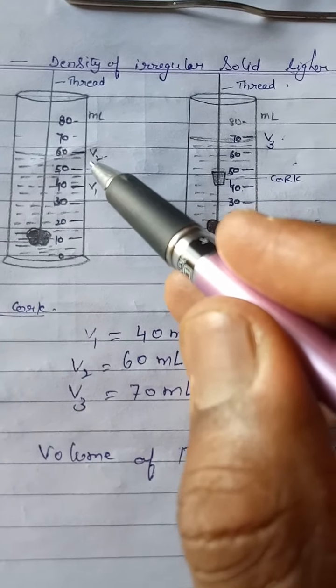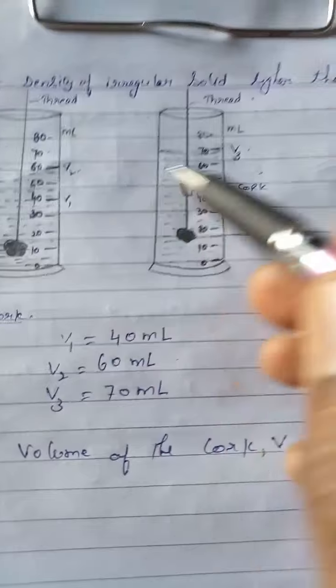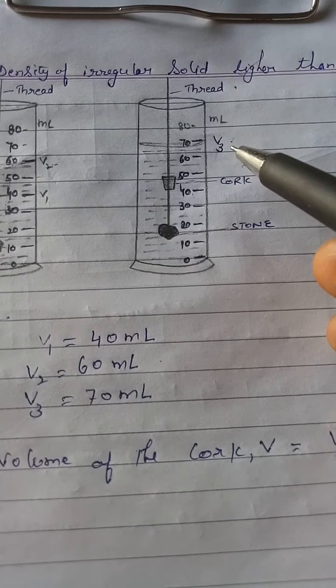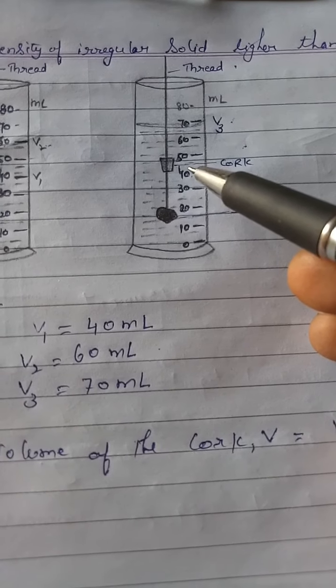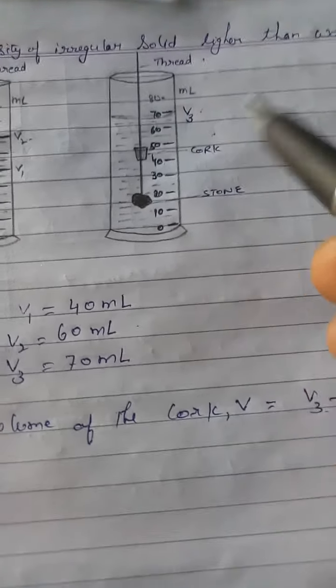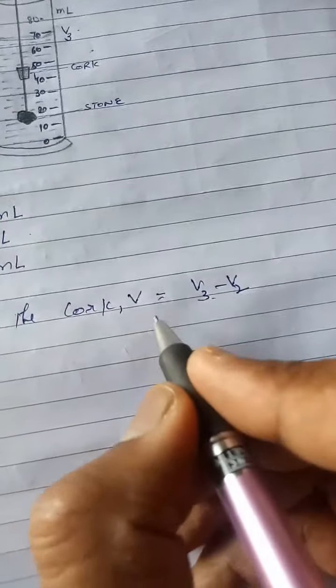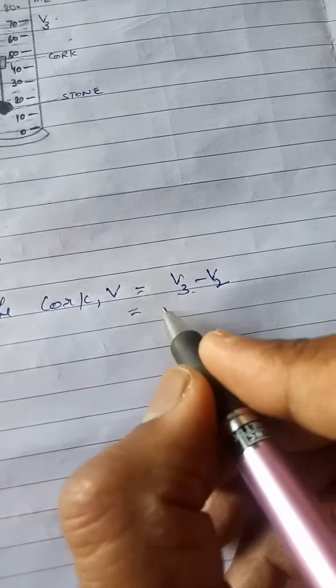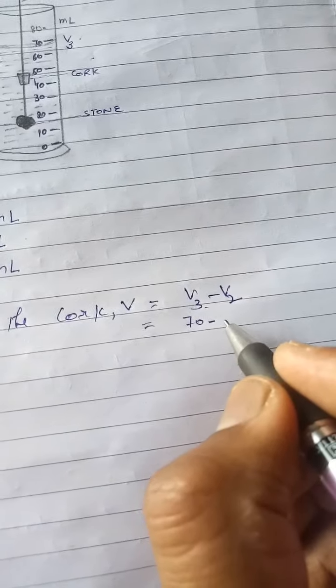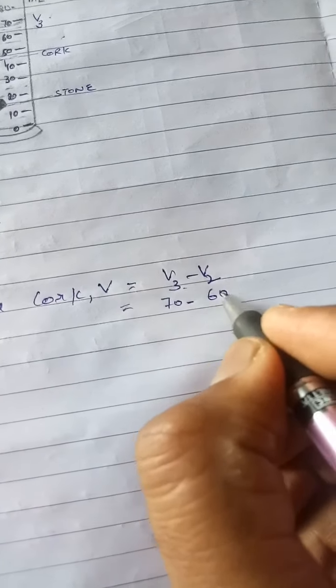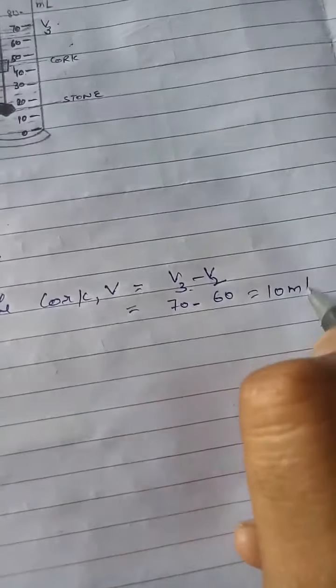V2 is the volume of the water with the stone, and V3 is the volume of the water with the stone and the cork. So the cork also displaces the water, and we find from this formula V equal to V3 minus V2. For example, V3 is 70 milliliter and V2 is 60 milliliter, so V is equal to 10 milliliter.